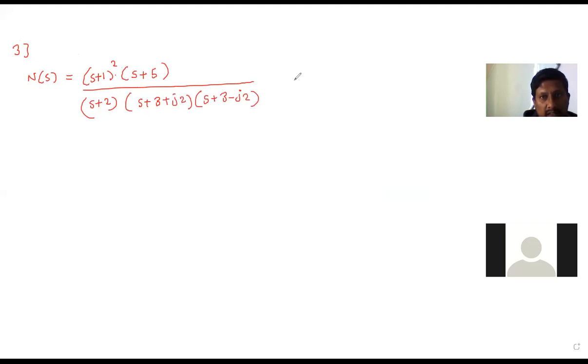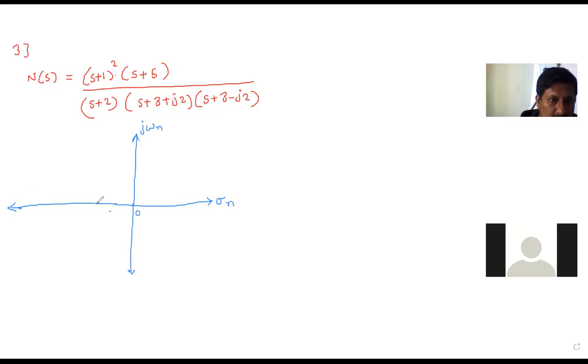So how can we start? First of all, I will draw the S domain. Always keep this part longer, because most of the poles and zeros lie in the left hand side. So this is j omega, this is sigma, and this is 0.